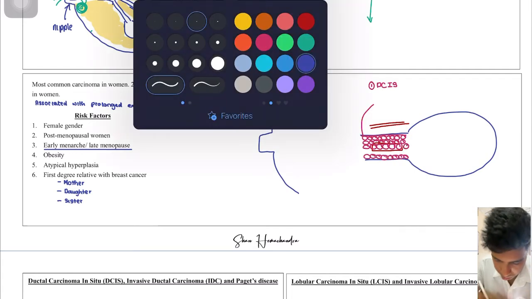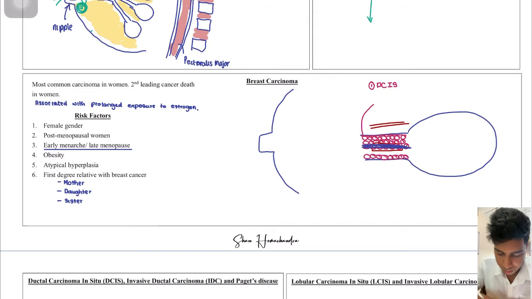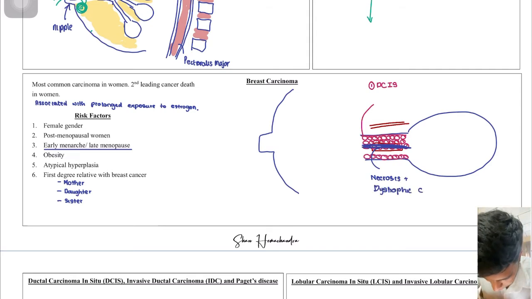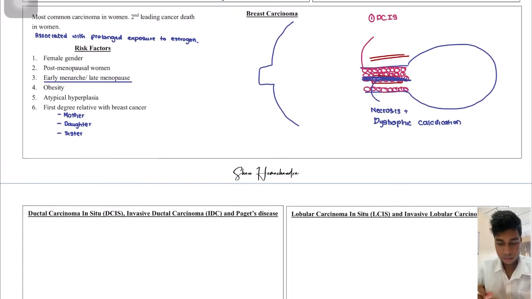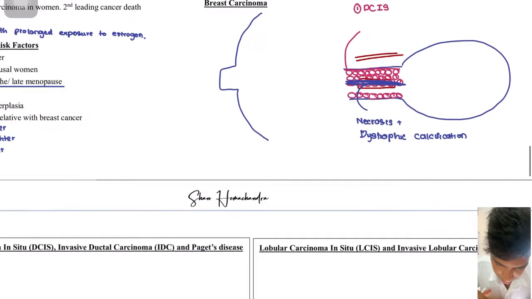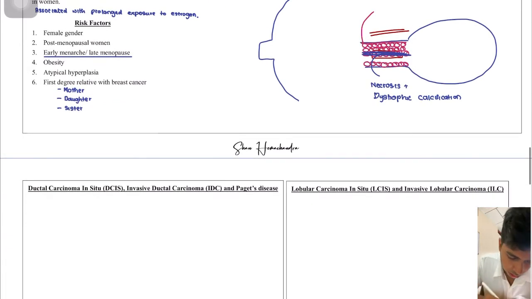Those will die. Okay, and that will lead to necrosis plus dystrophic calcification. Okay, remember I told you there's two types: malignant and dystrophic calcification. Okay, so that is the first type.